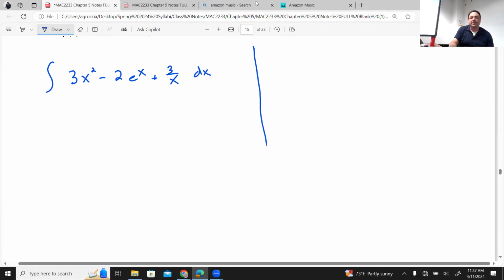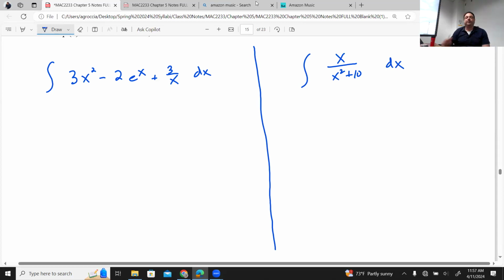And take the integral of x over x squared plus 10, which if you want to rewrite it, you can, but you don't have to, dx. Okay? And the only hint I'll give you is the one on the left is a basic one. The one on the right is going to be a u substitution one. Okay? But you should be able to see that right away. So see if you can do both problems.